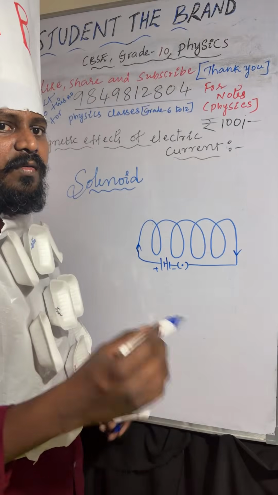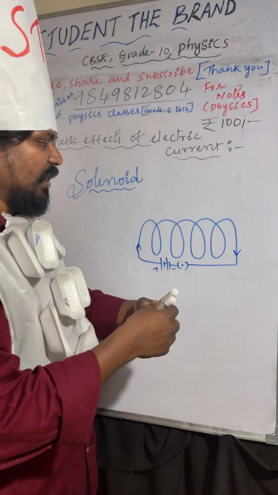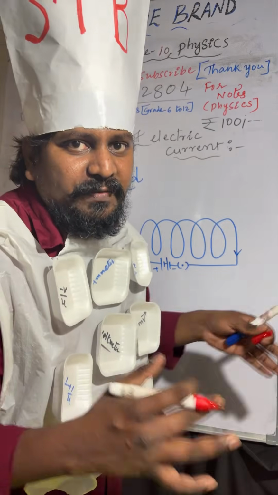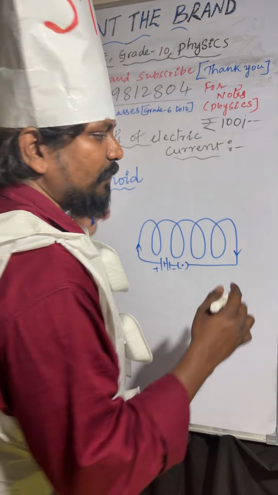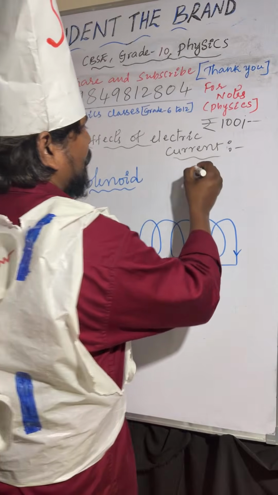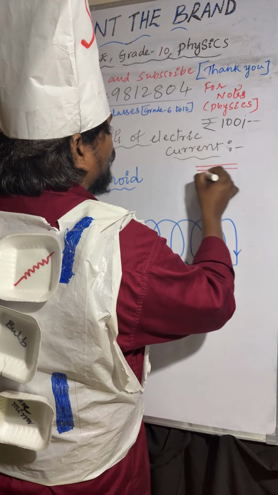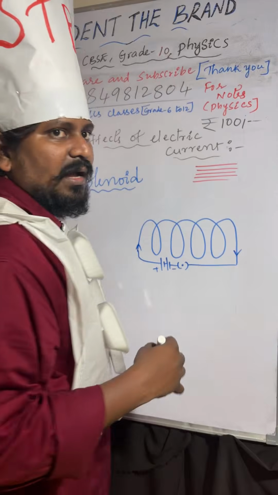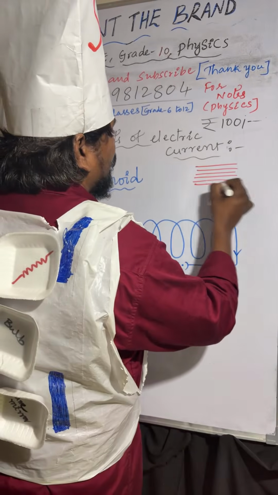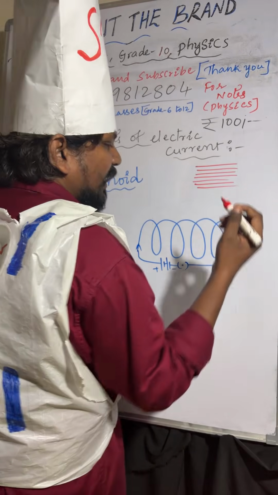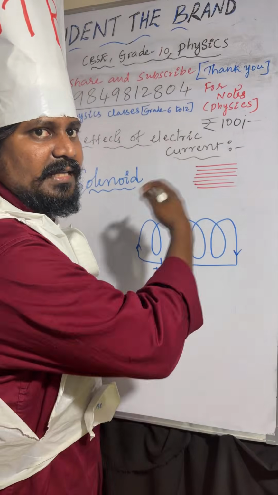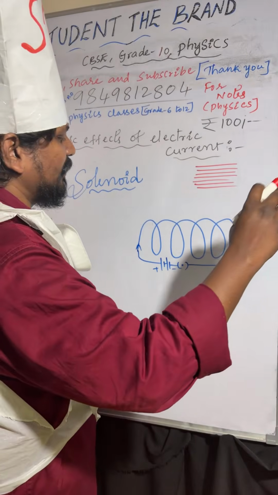So how do we have to consider the magnetic field? Observe here. We can take 5 lines, or you can take 7 lines, or you can take 9 lines also: 3 lines above, 3 lines below, 3 lines in the middle.